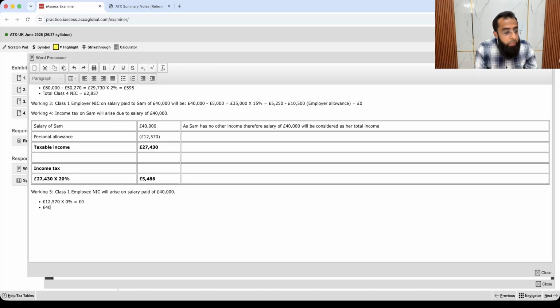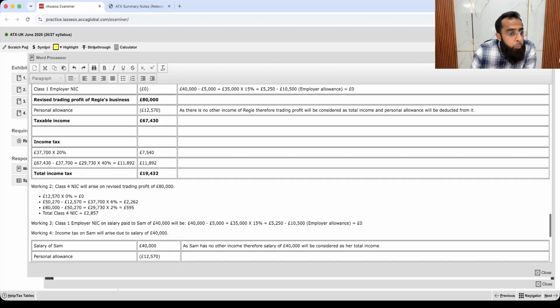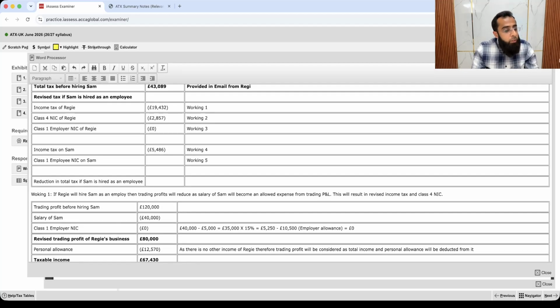And my salary is 40,000 minus 12,570, so it will be 27,430 into 8%. That gives me 2,194. So here you go, you put your class 1 employee NIC on Sam: 2,194.